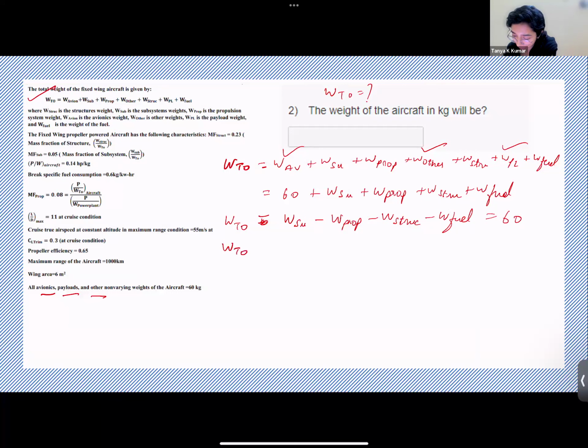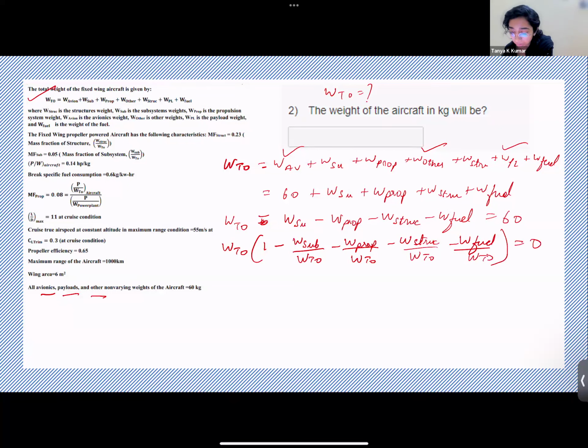So it becomes W takeoff times 1 minus W subsystem by W takeoff minus W prop by W takeoff minus W structure by W takeoff minus W fuel by W takeoff equals 60.